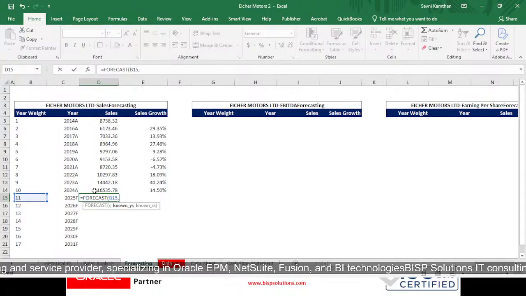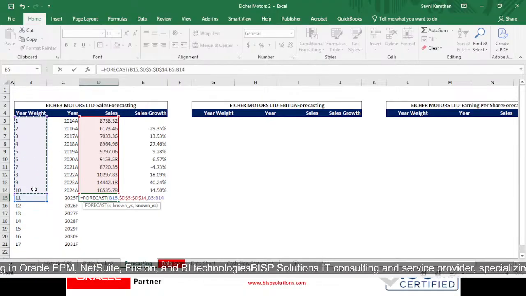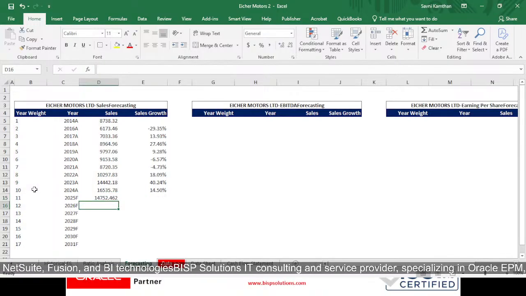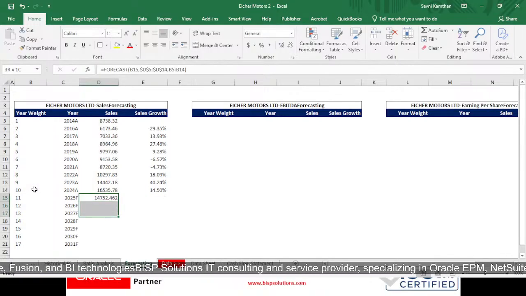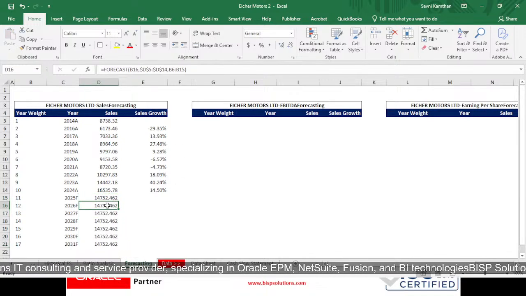Then I will be selecting my sales and pressing F4. Then I will be selecting my year weight, which is from 1st to 10th, and then I will be entering the same. Then Control plus C and dragging it till the end. So it is showing me the same answer for the same.